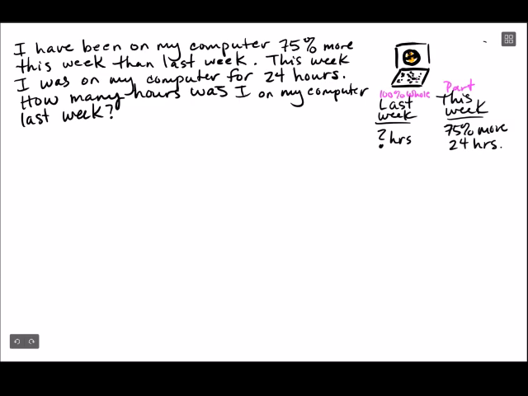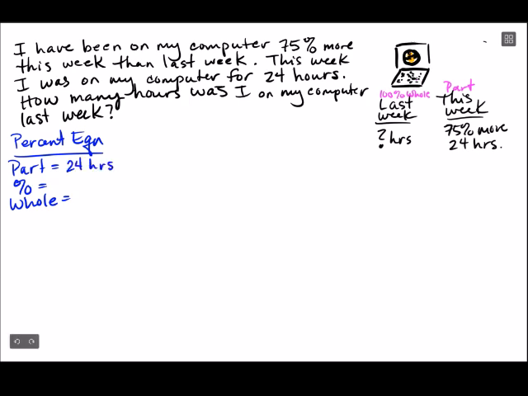Now let's start out with our percent equation. And to do that, we need a part and a percent and a whole. So we decided our part was this week. We know that is 24 hours.